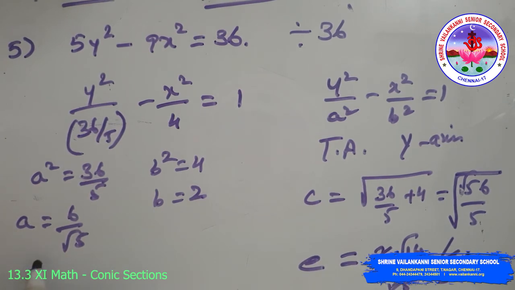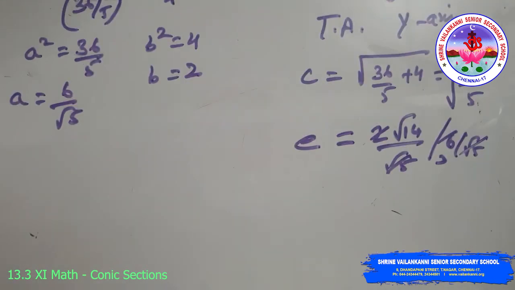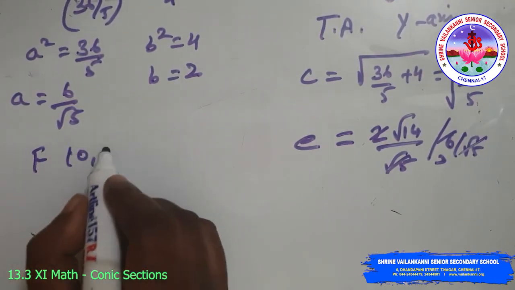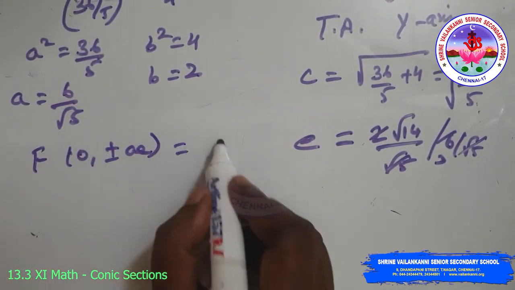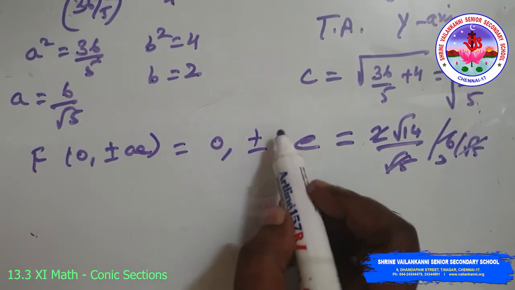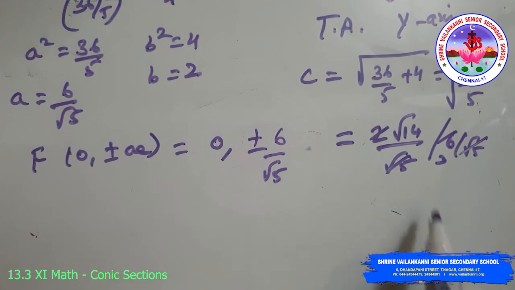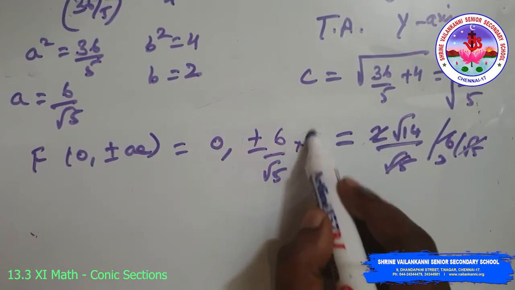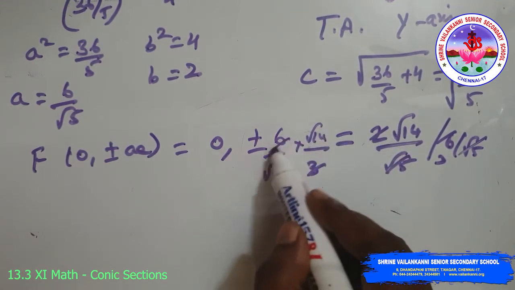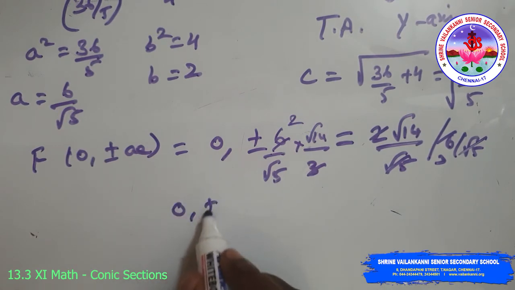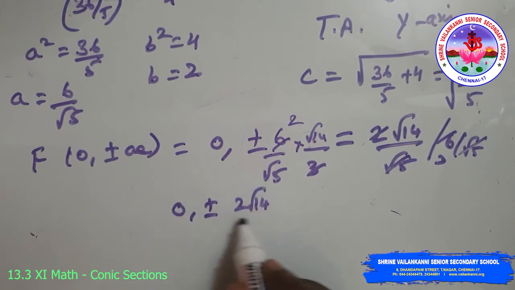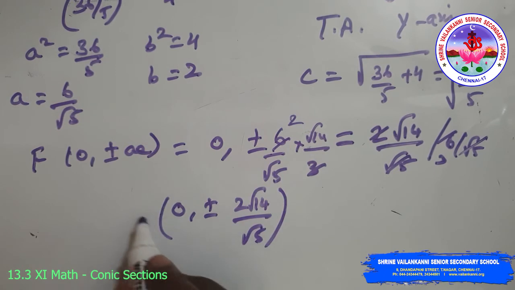Then we have to find the coordinates of the foci. The foci are (0, ±ae), that is (0, ±), where a is 6/√5 and e is √14/3. So cancelling this, we get (0, ±2√14/√5), which are the foci.